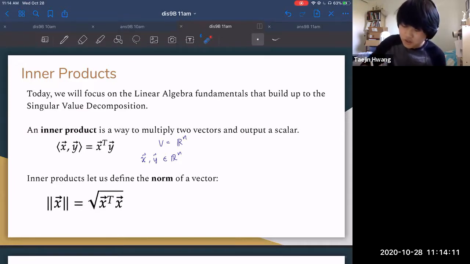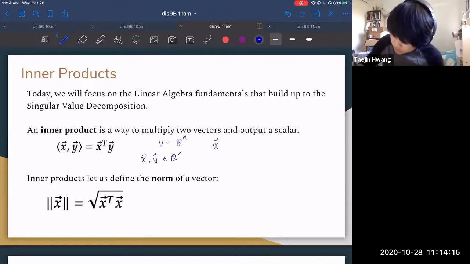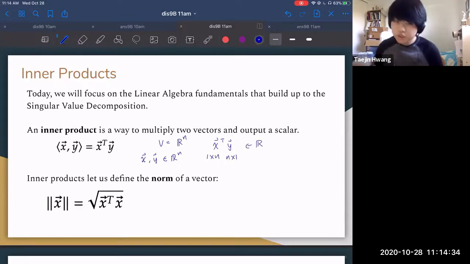If you look at the dimensions, x is a length n vector, so x transpose is a 1 by n, and y is an n by 1. If we multiply this, we get a 1 by 1, so the inner product is a real value, or just a scalar in the reals.